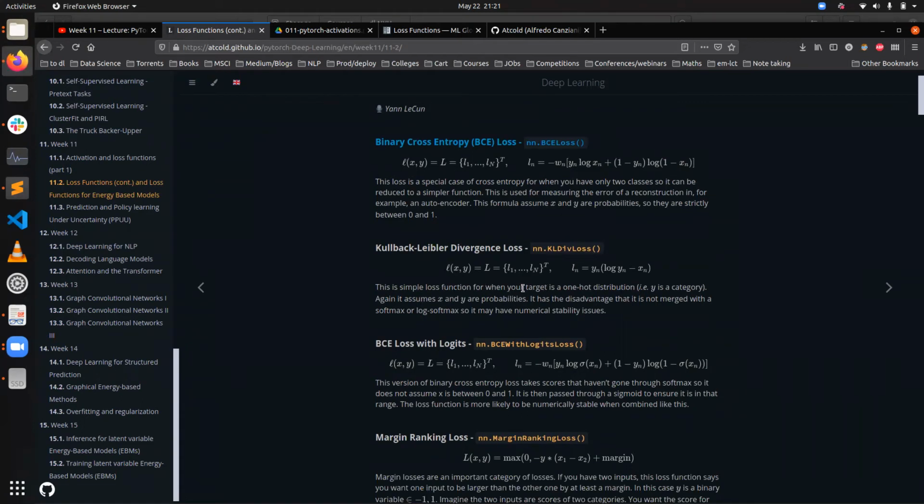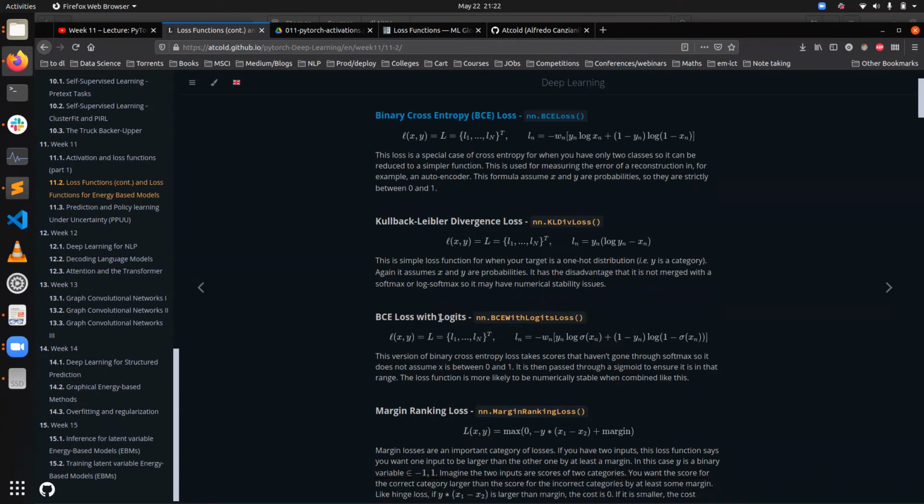Simple loss function for when your target is one hot distribution. It's just comparing the distributions. It assumes x and y are probabilities. It is not merged with softmax or log softmax, so it may have numerical stability issues. So here you have to take softmax separately and then take this loss.